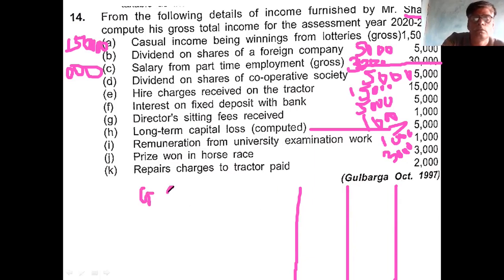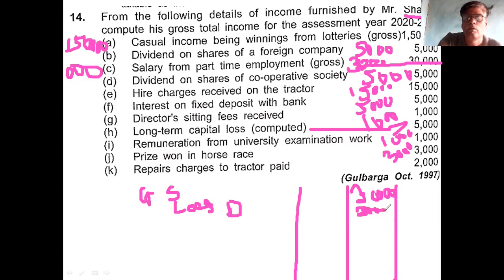Gross salary, you take 30,000 in the middle column. Then less deduction under section 16, 30,000. You deduct 30,000. Outer column salary income is 0.